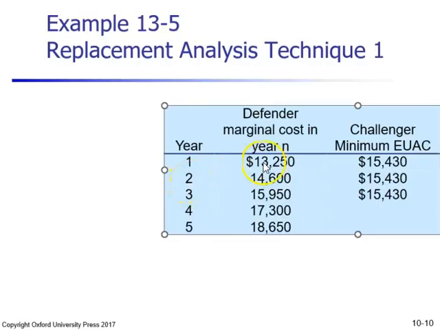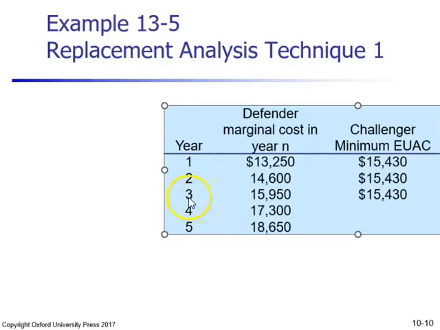For year 2, so we are done with year 1, exactly according to that point that I told you. Don't go back. Now we are in year 2, and in year 2 we just check how much it costs us to keep the machine for year 2, about 14,000, still cheaper than the challenger, so we are going to keep it for year 2.